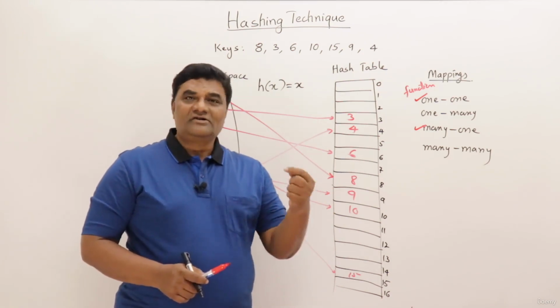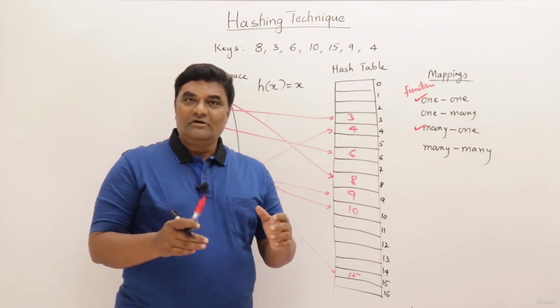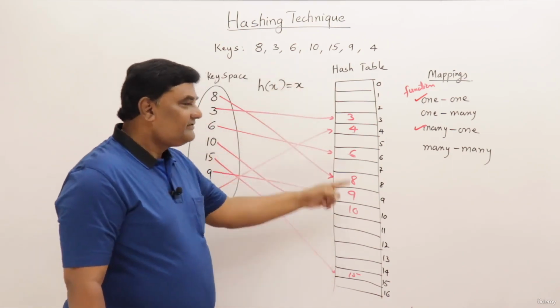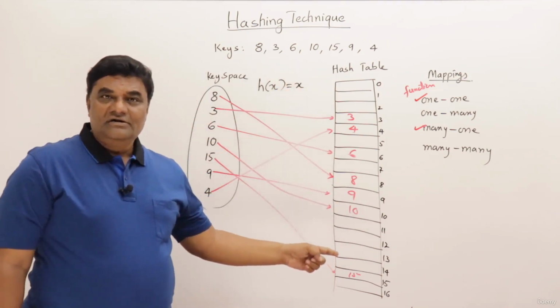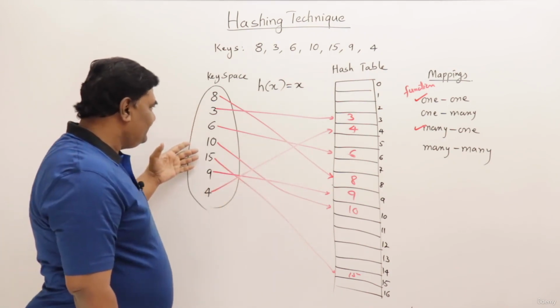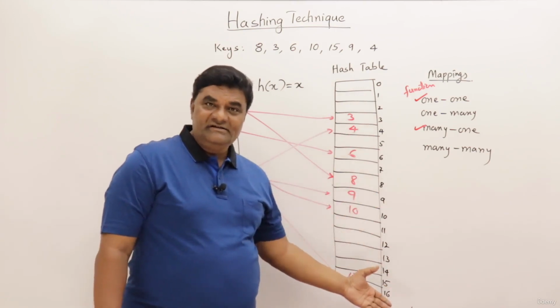Now let us talk about the drawback of ideal hashing. The drawback of ideal hashing is that the space required is very huge. A lot of space is required. Even though I have only 7 elements here, the array space I have is 0 to 16.